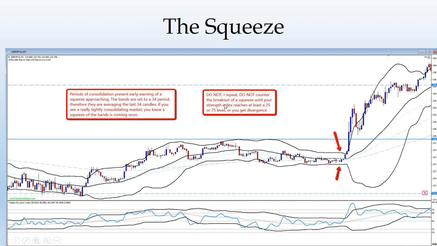Do not, I repeat, do not counter the breakout of a squeeze until your strength index reaches at least a 25 or a 75 level, or you get divergence. Now, if we're trading within a 15 pip range for the last 34 trading bars, that will create a squeeze, okay? Do not counter until you get a 25 down in here or 75 up in here on the strength index in your TDI, the RSI.